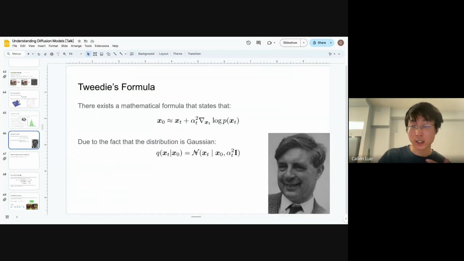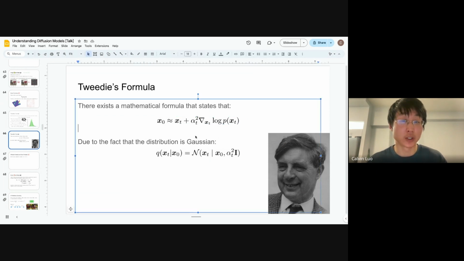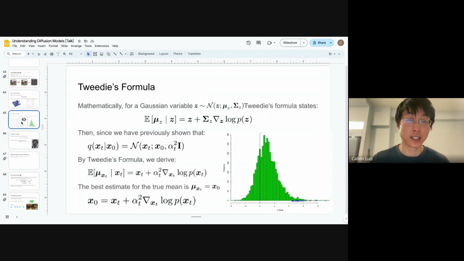So because of our Gaussian transition, like the distribution of each xt given x0, those pink transitions take the following form. Tweedie's formula can be applied for Gaussians, or I guess generally Tweedie's formula applies to exponential family distributions, but it can be applied for this particular transition to produce the following equation, which we can plug in and exploit and say that we actually want to model the score.